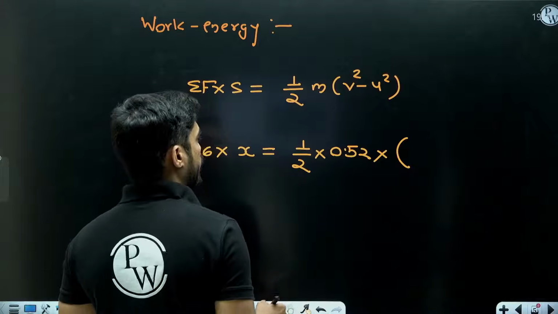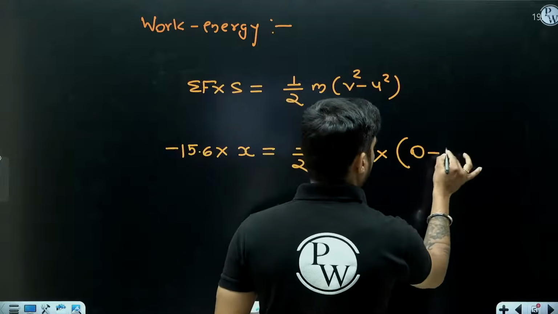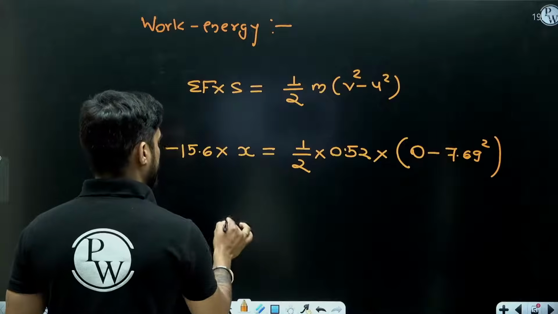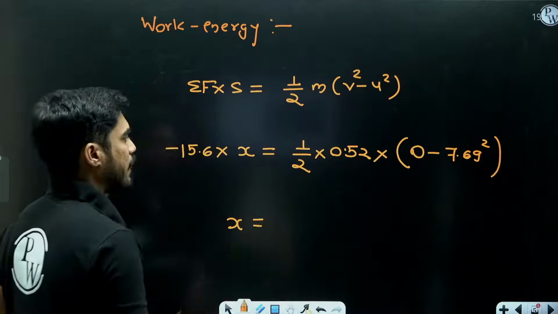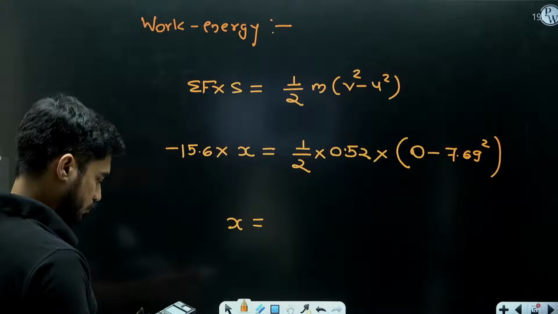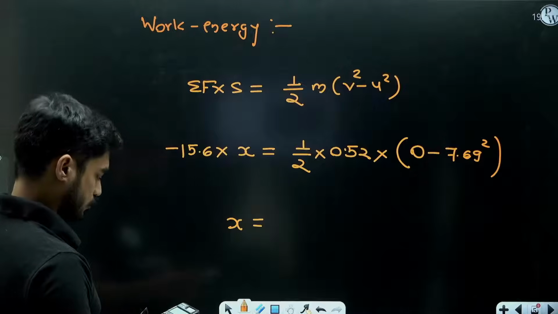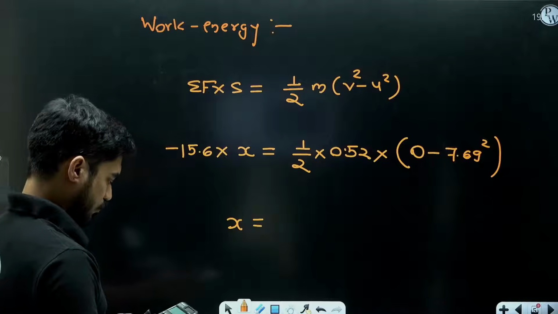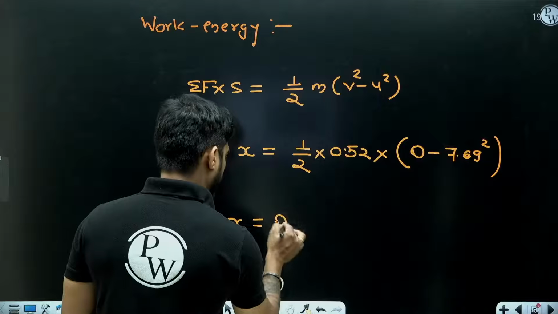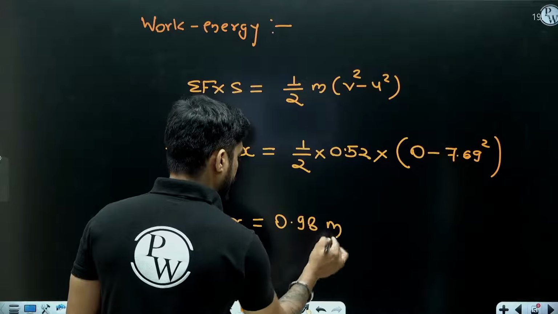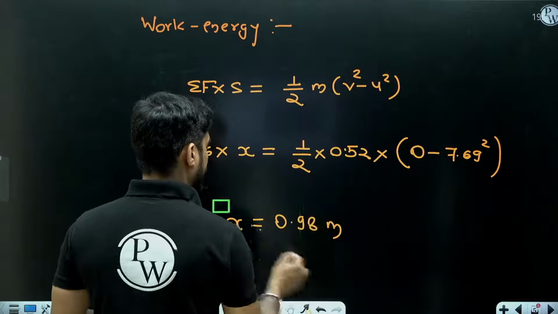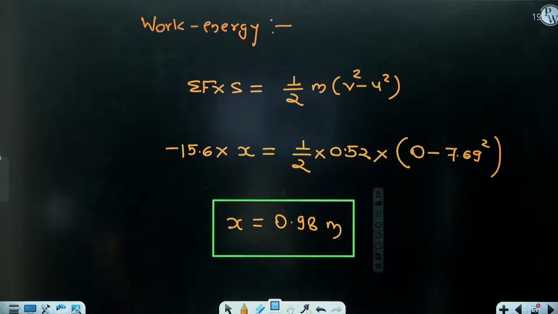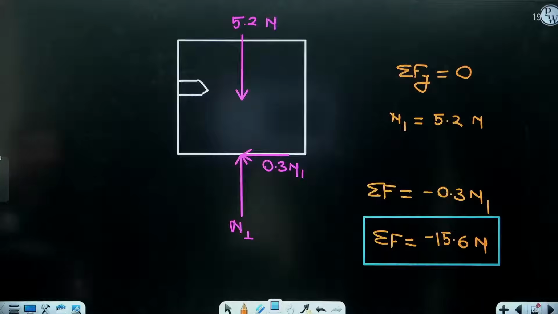Final velocity is 0. Initial velocity with which they are moving is 7.69. So from here you will get the value of x, and x is 0.98 meter, almost 1 meter. So this is the distance by which the block will move before coming to rest.